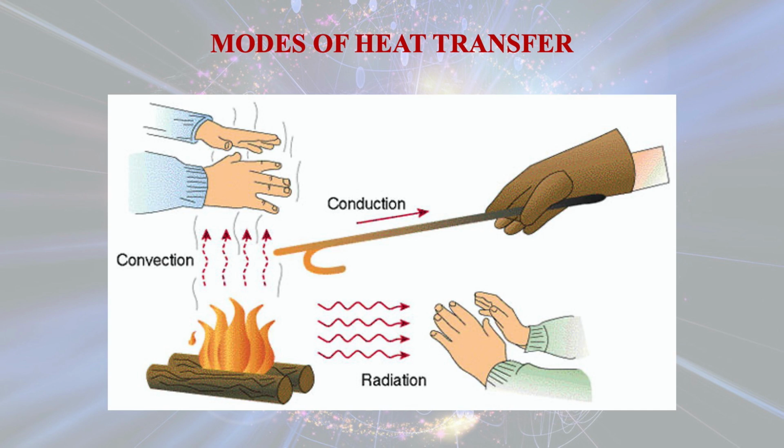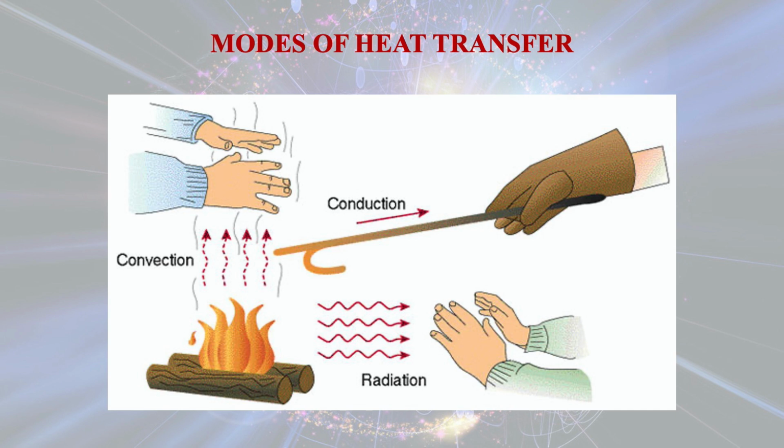So he will feel the sensation of hot, because there is a heat transfer. But if you concentrate on this picture, you will find that the person is also wearing gloves. Why are the gloves required? Because gloves are made of insulated material, so that he can easily hold the heated rod.